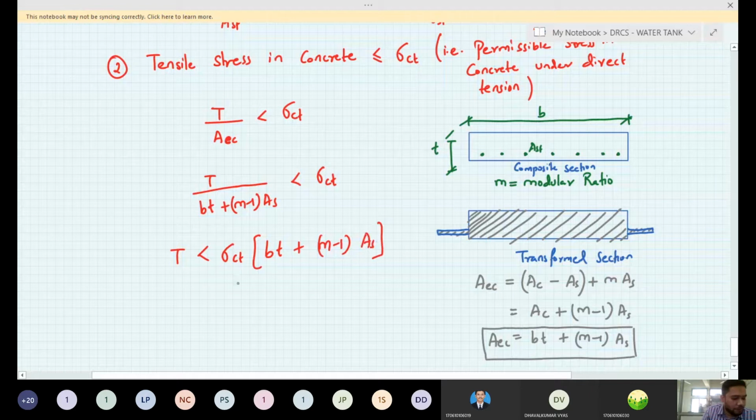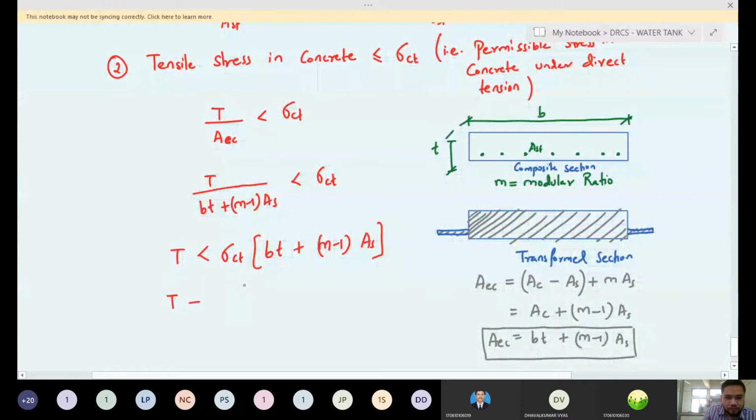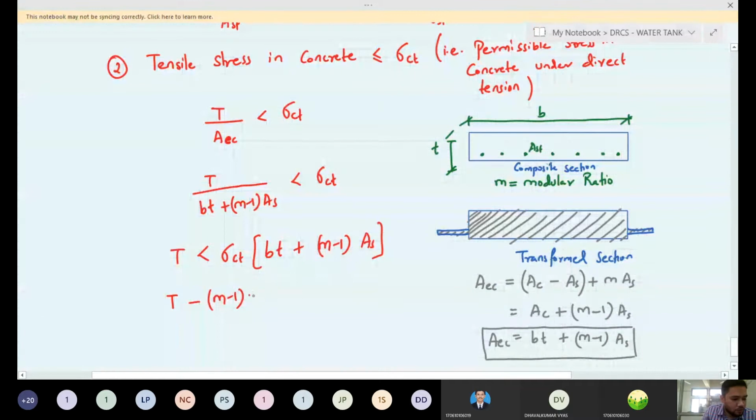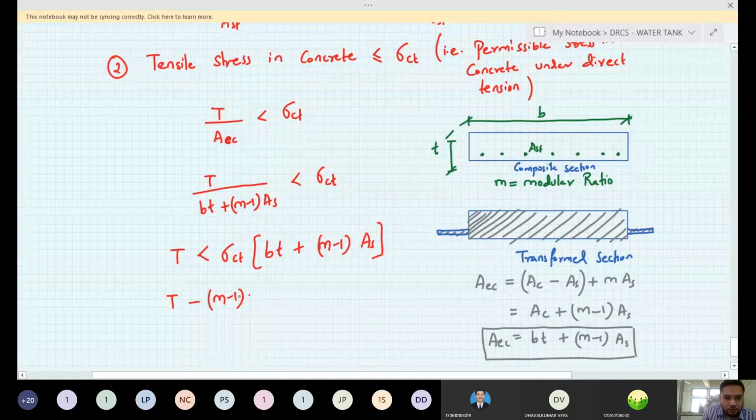Now again simplifying, you will get T minus m minus 1 times AS times sigma ct, which should be less than sigma ct times B into t.